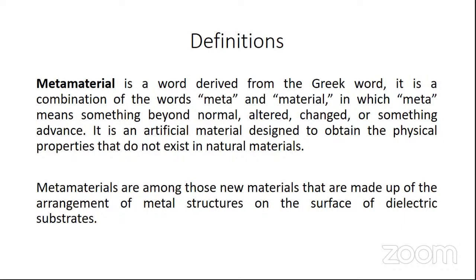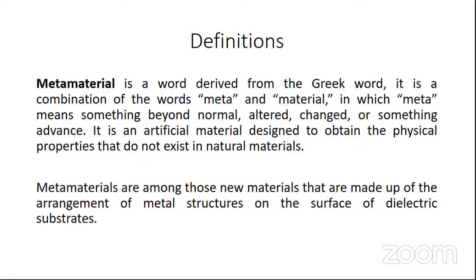It is an artificial material designed in order to obtain physical properties that do not exist in natural materials. So metamaterial is an artificial material which we have created, whose physical properties do not exist in any of the natural materials.